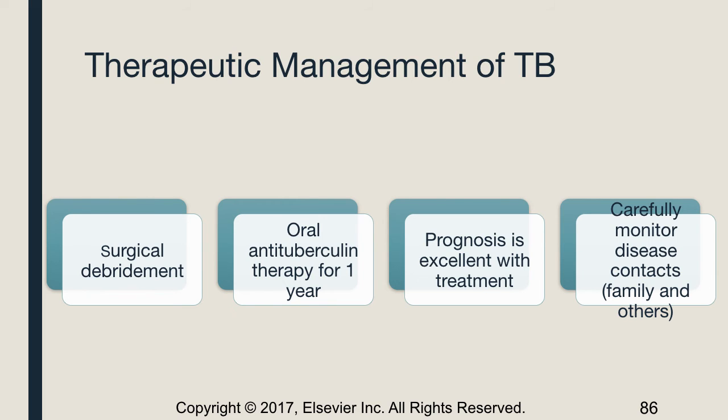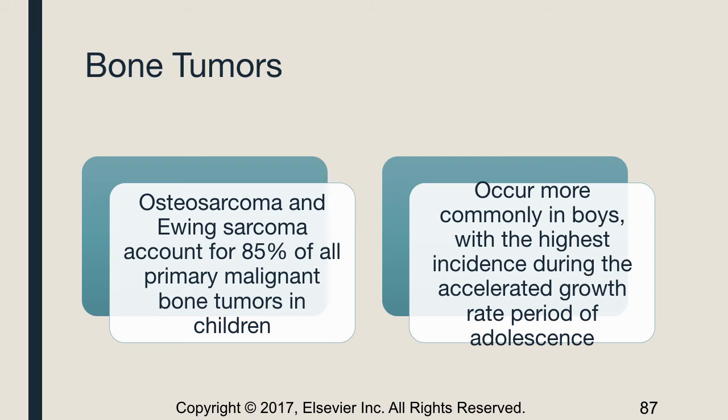We're going to talk a little bit about bone tumors. Osteosarcoma and Ewing's sarcoma account for 85% of primary malignant bone tumors in children. So in other words, these are tumors that started in the bone, and secondary tumors in the bone are when they've had a cancer somewhere else that has spread or metastasized to the bone.